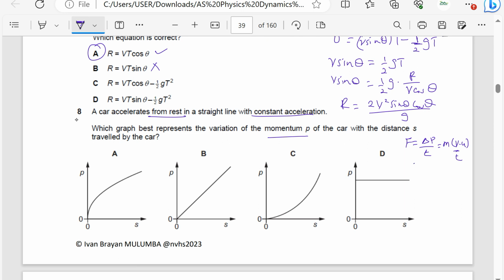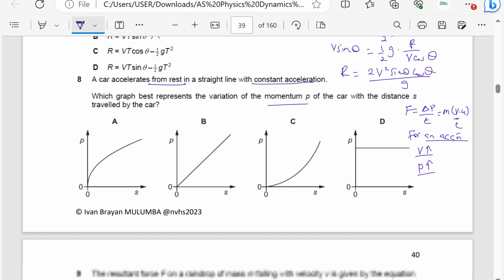For an acceleration, velocity is increasing. So v minus u is positive. So that means momentum must be increasing, because for an acceleration, v increases, so the momentum should be increasing.